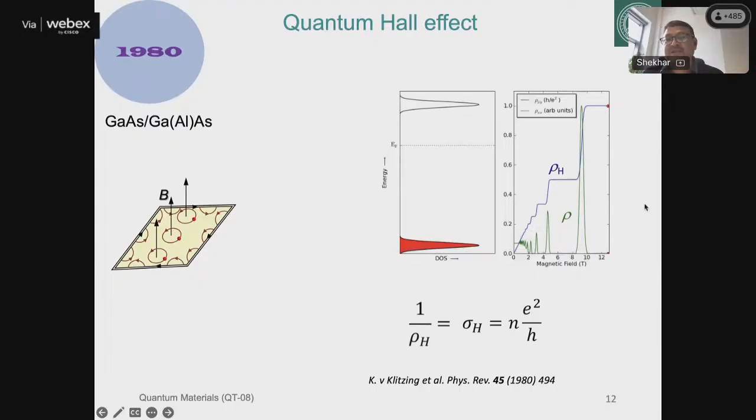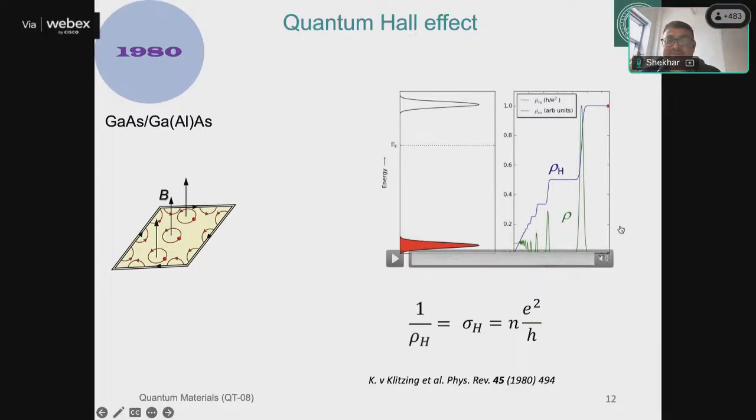That's why when you see the blue Hall curve, we have some steps, which are due to the Landau levels. But when you see the normal resistance measured inside the material, we don't have resistance. It really is zero resistance. So the normal resistance is zero, but the Hall resistance is quantized.